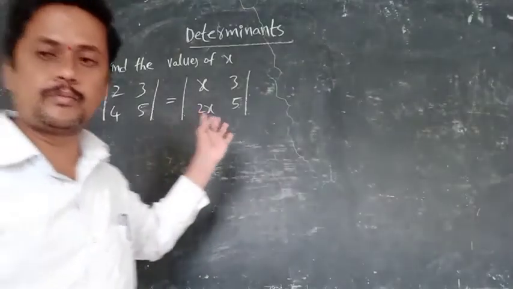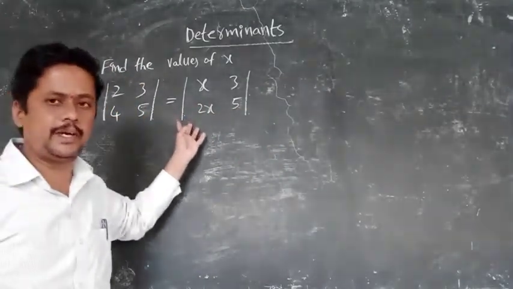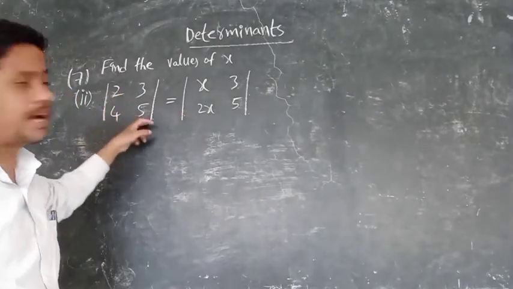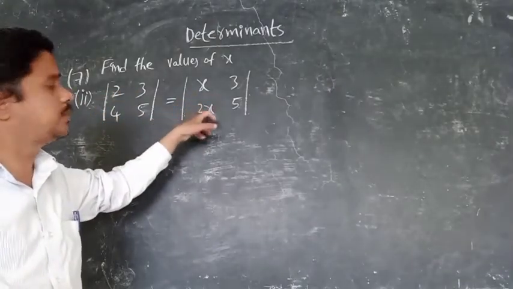See, next question. We have to find the x value here. The determinant is given: 2, 3, 4, 5 is equal to the determinant x, 3, 2x, 5.